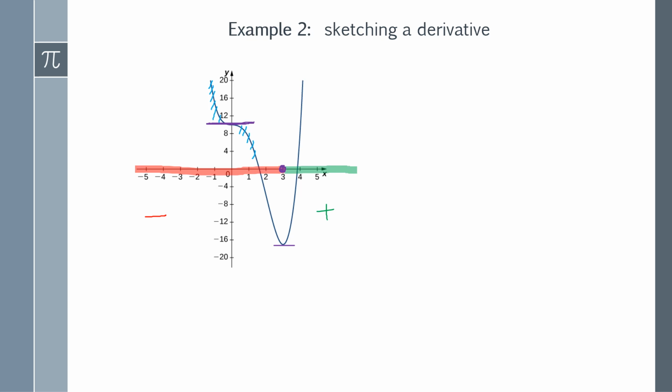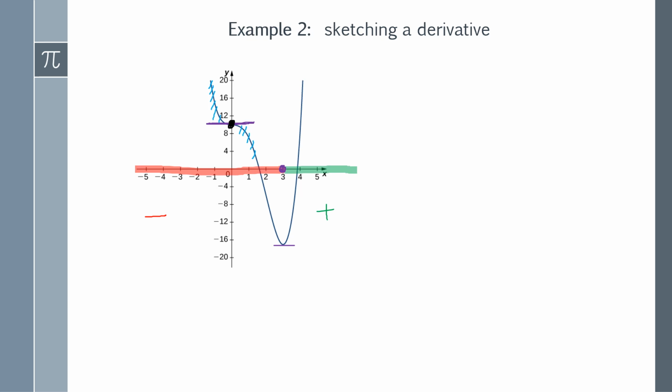Now what would that mean for our derivative? If we have this horizontal slope, but the behavior of the function is not changing from decreasing to increasing, well, that means that at that point, the graph of f prime will just touch the x-axis, but it's not going to cross it.